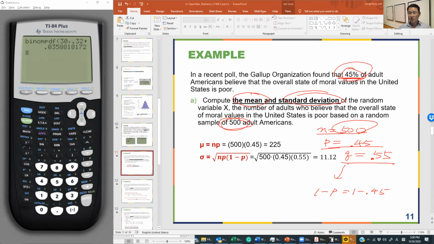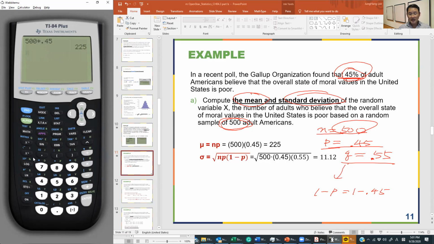So we have the P and the Q and the N. So it's just to figure out this mu, right? N times P, I mean 500 times 0.45. Just like that, we got 225. And the second part, square root, right here.